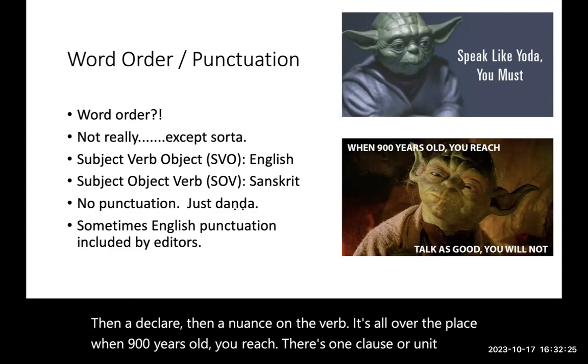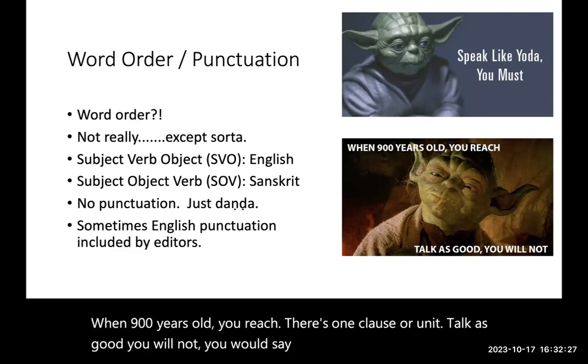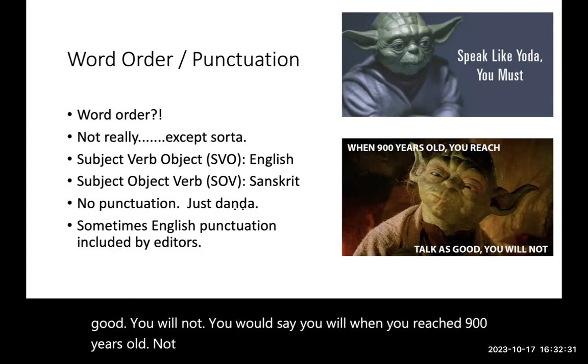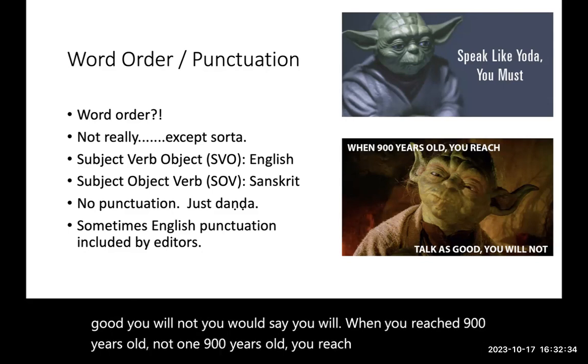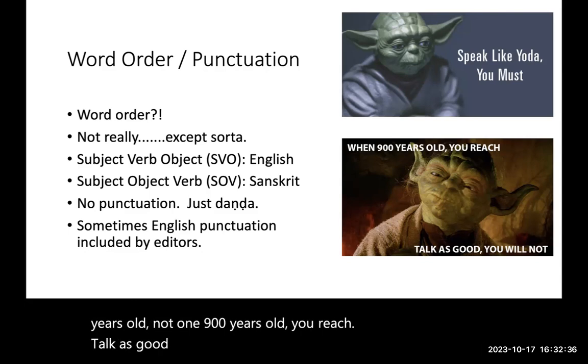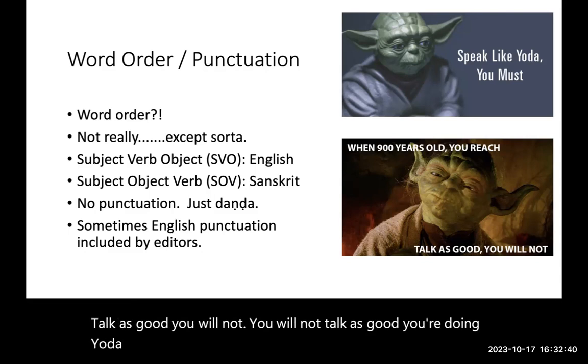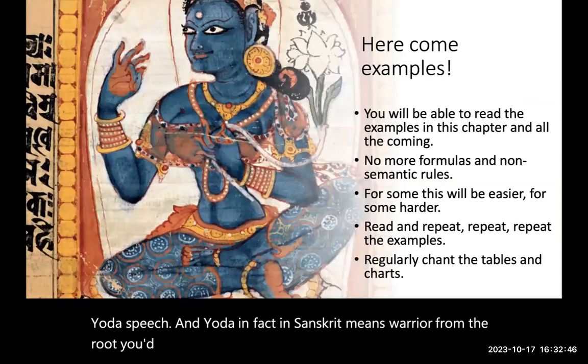Talk as good, you will not. You would say, you will not talk as good when you reach 900 years old. You're doing Yoda speech. And Yoda, in fact, in Sanskrit means warrior, from the root yud, to do battle.